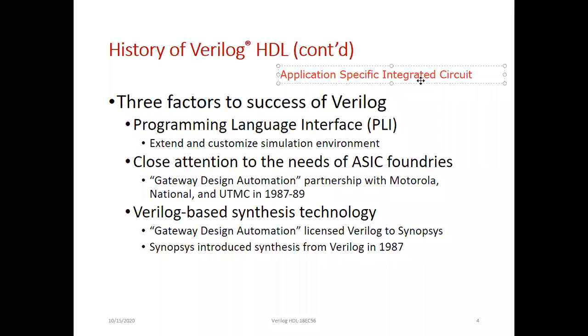Now what is the meaning of this? For example, you might have studied in digital electronics various integrated circuits like logic gates, AND gate, NAND gate, then multiplexer, then counters. For each and every one of these you had one separate IC. That is application specific, in the sense that the IC is meant for that only.